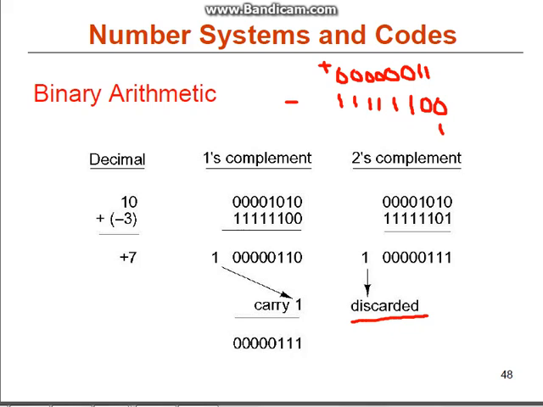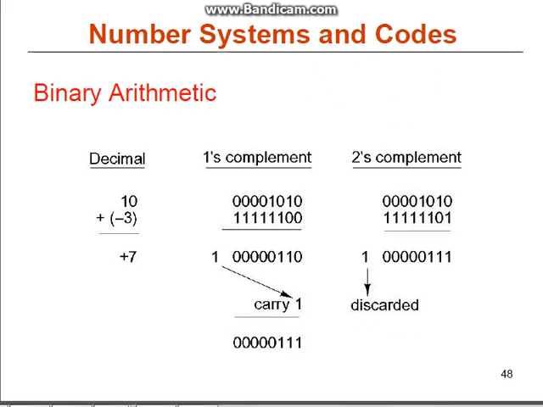Everything maintains the same for the positive number. If it's a negative number, first express it in positive form, invert all the bits, and then add 1. Anything to do with extra bits on the left hand side, just discard it at the end. So that's about it for 2's complement.